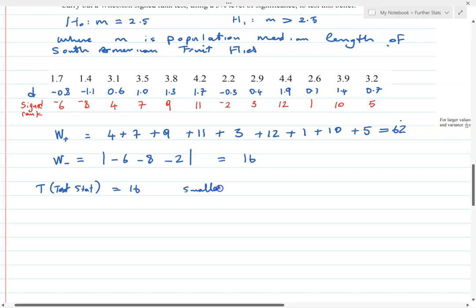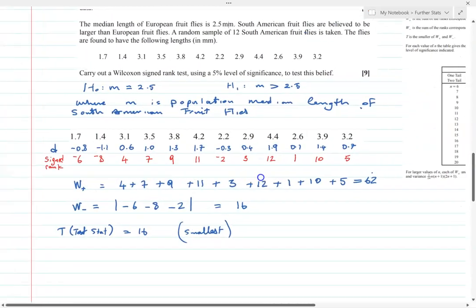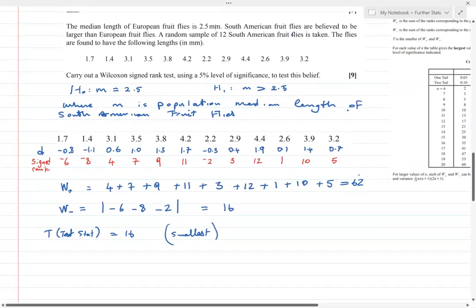Then we see whether we're rejecting or accepting the null hypothesis. The sample size here is 12. It tells us in the question, and you can count the number of data values is 12. So we look for the critical value with a sample size of 12 at 5% one-tailed.